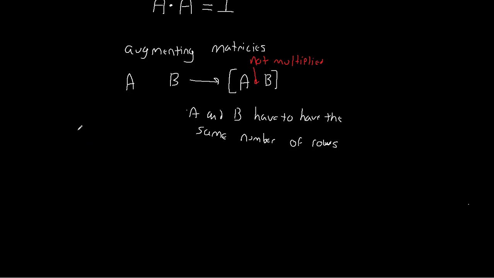Let's say we have matrix A, which is going to have 4 elements in it: a, b, c, and d. Let's say matrix B has 4 elements in it. They're both 2 by 2 matrices. It has elements e, f, g, and h.